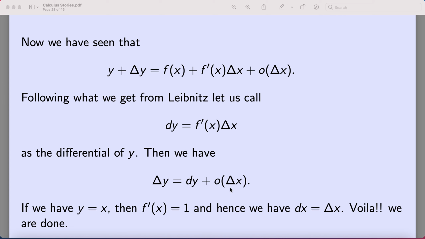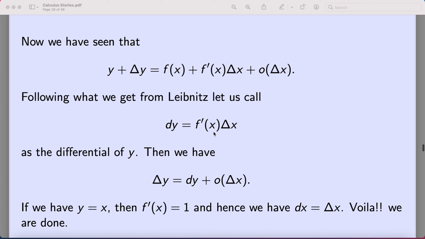Suppose we write y is equal to x. We take the particular function y equals f of x equals x. Then f dash x would be equal to 1. And hence we will have dy equal to dx is equal to f dash x, that is 1, into delta x.